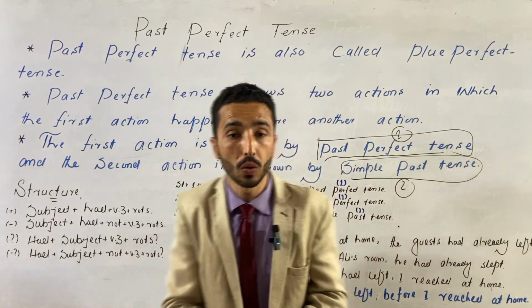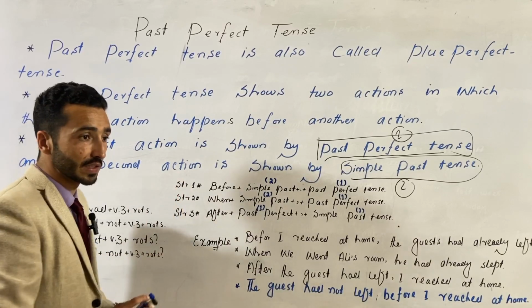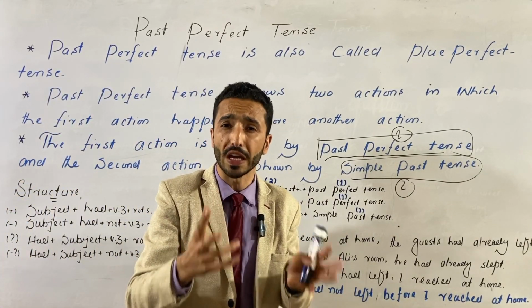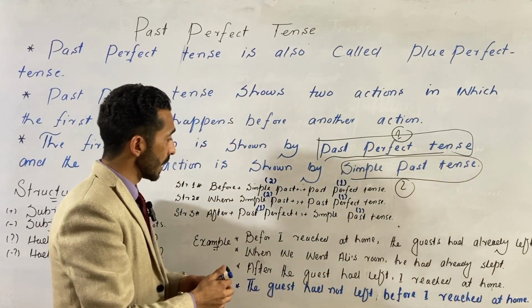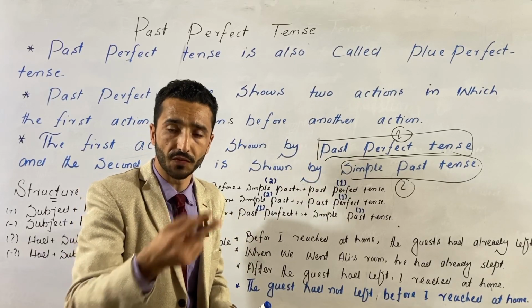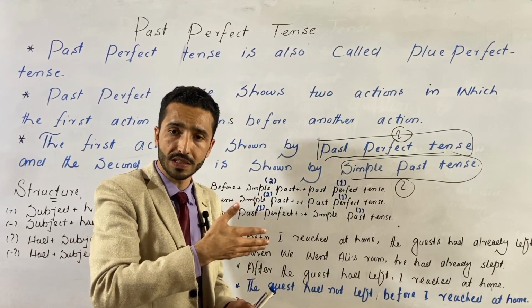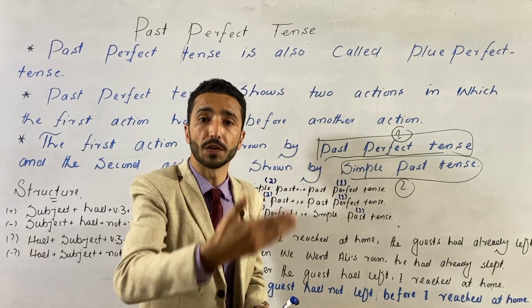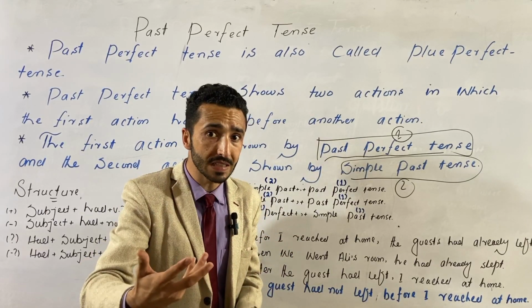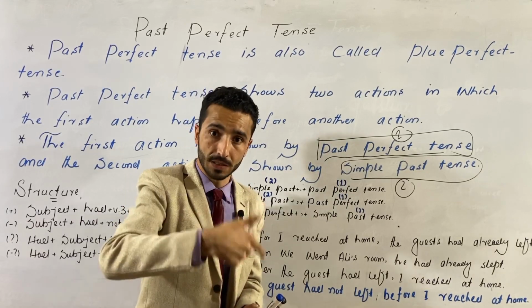Now come to these structures. As I said, past perfect tense is used to show two actions. So now look, I have mentioned two different structures here. The first structure is for simple past tense, and the second structure is for past perfect tense. As I said, the first action is shown by past perfect tense, and the second action is shown by simple past tense.